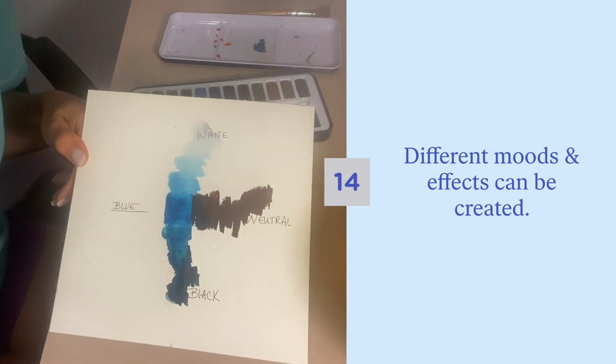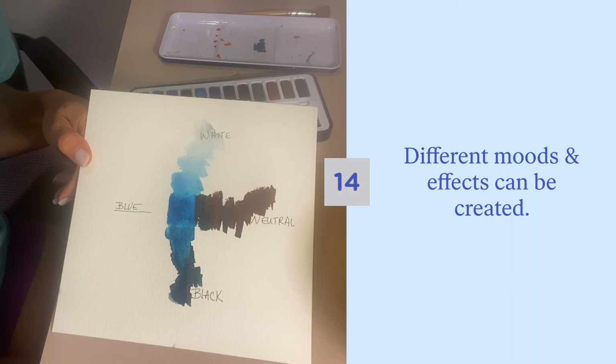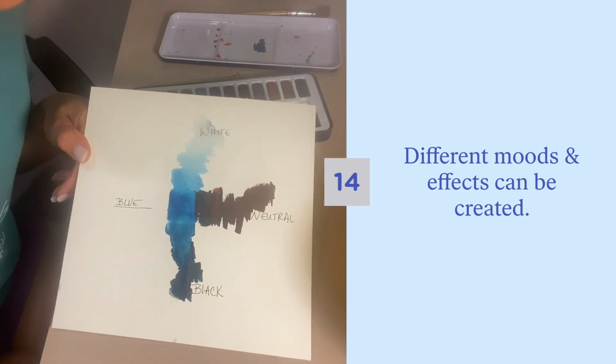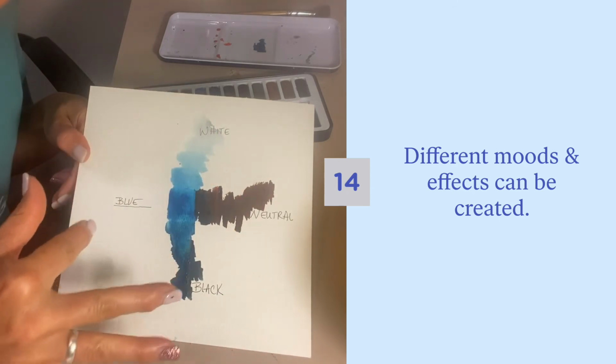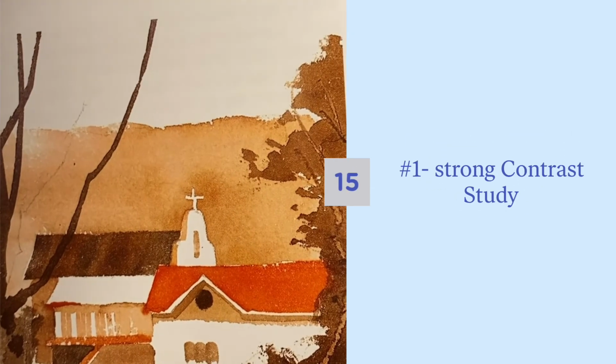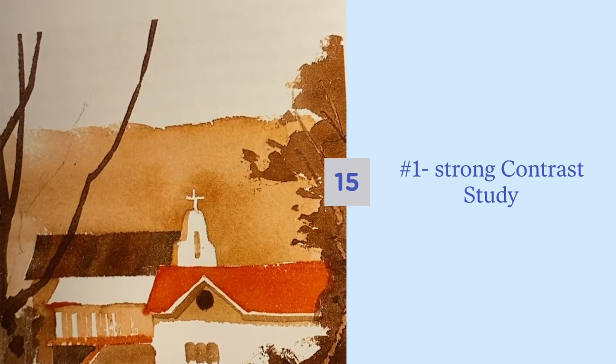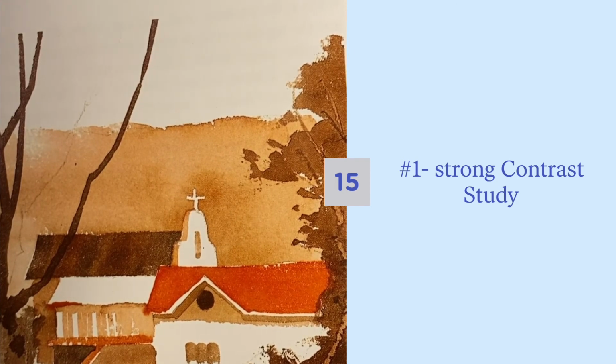The next thing that we are going to be doing is creating 3 different color studies with this idea in mind. Okay, this is example 1. Your first color study, come up with a composition, and what you're going to focus on with this one is strong contrast of lights and darks.